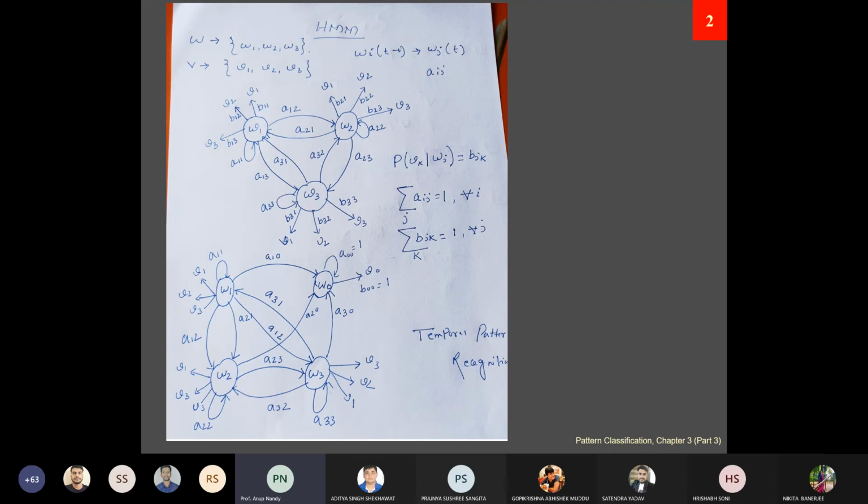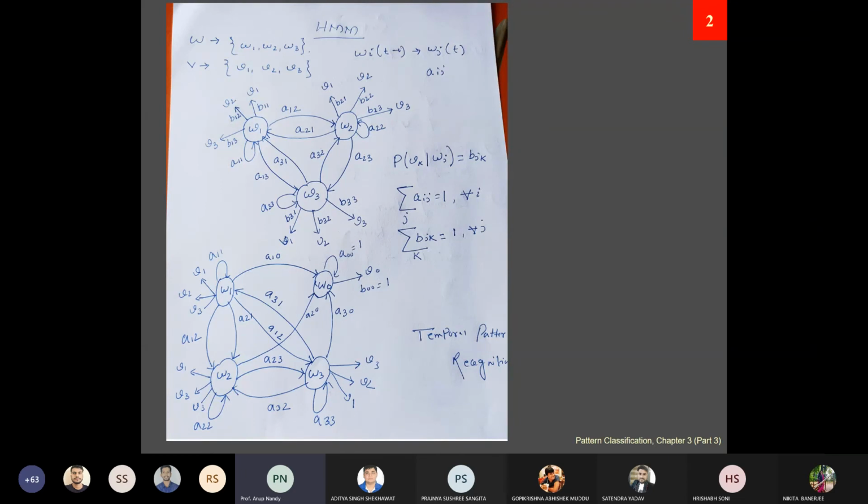Now the summation of Bjk is equal to 1. Whatever observations it is going to generate for a given state, if you sum all the emission probabilities, it will give 1.